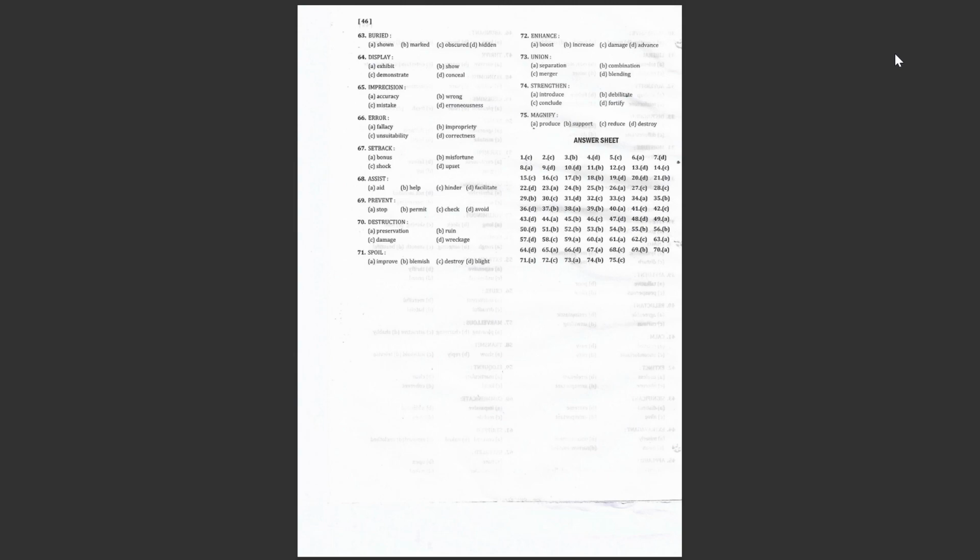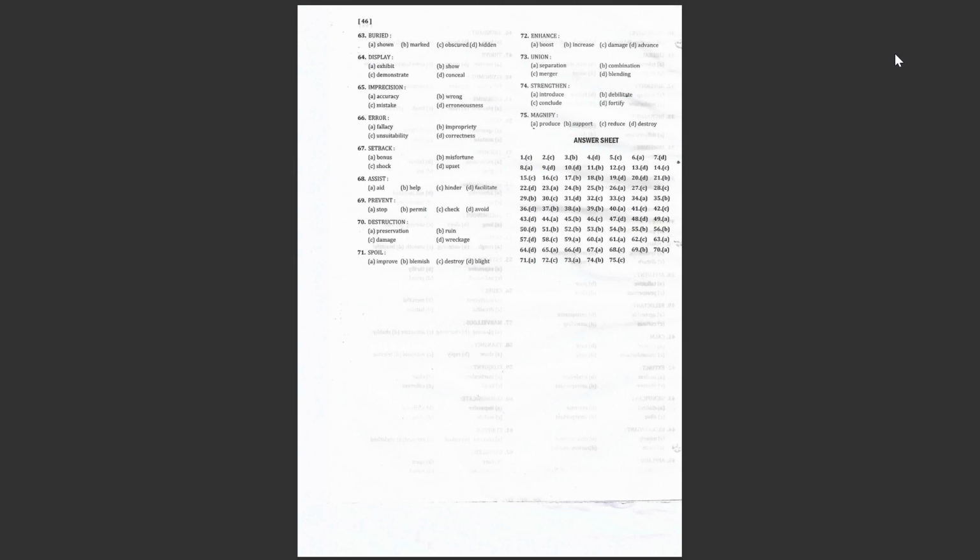Both of these words mean the same thing, the same process of joining. And blending is also referred to as the process of mixing two or more things, whereas there is only one word, separation, here, which means the disintegration or the disjoining or the separation of things. So therefore that would become the correct antonym of the word union.